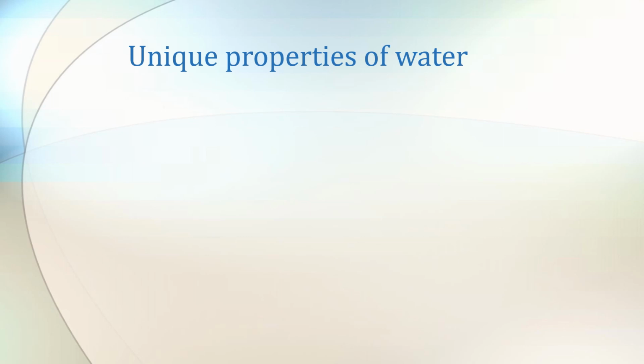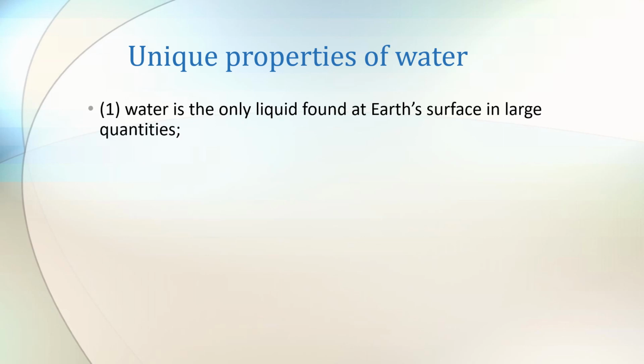First we're going to talk about the unique properties of water, since water is the main idea of this topic. The first unique property of water is that water is the only liquid found at Earth's surface in large quantities.